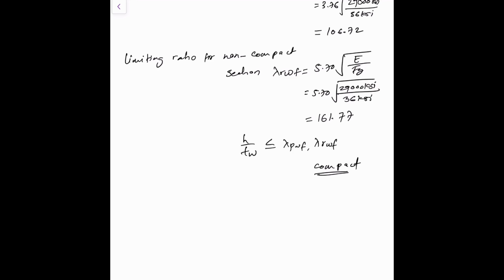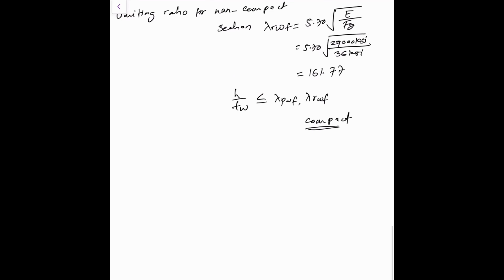So if this is a compact section, then we are good. Now check the strength. So we're going to check the strength here now. Check strength: correct the factored moment Mu to include the beam weight. So this is our final step.